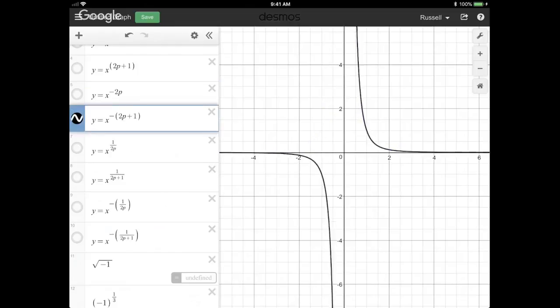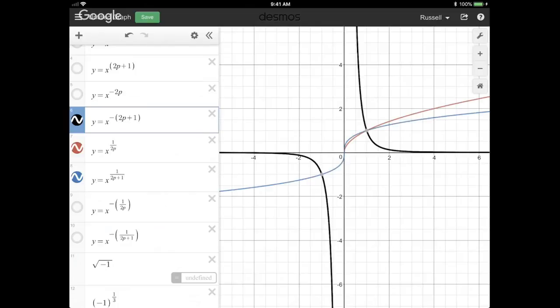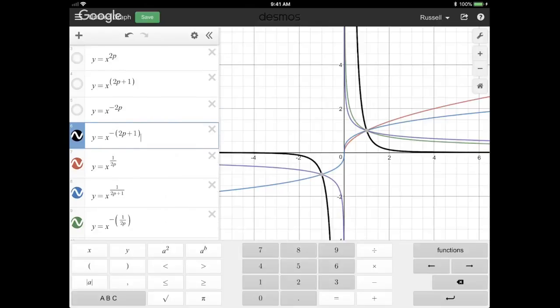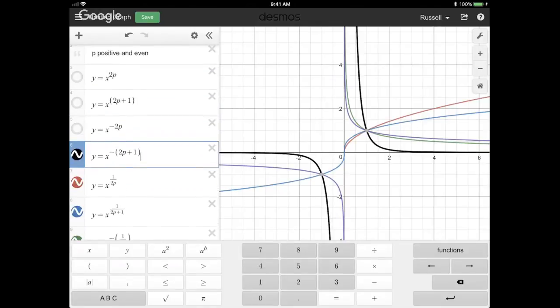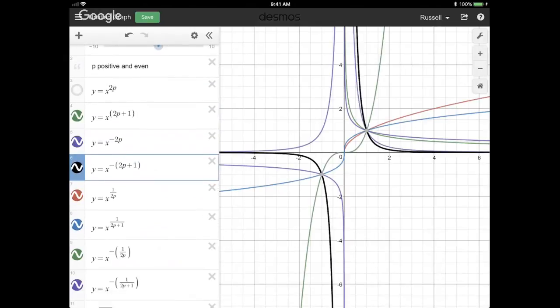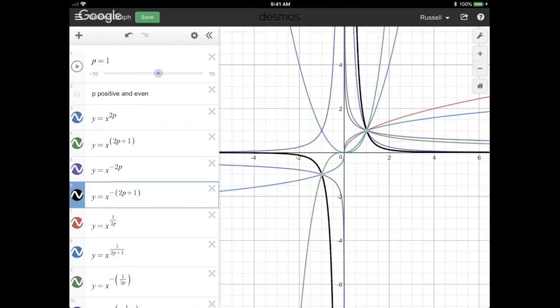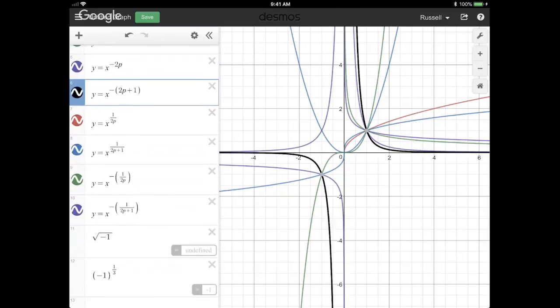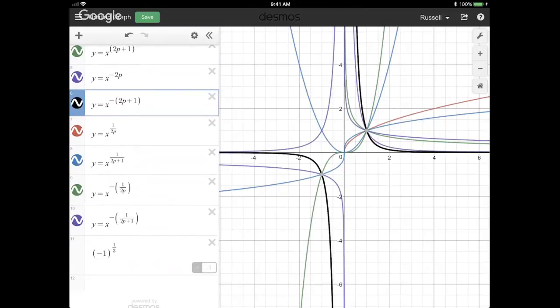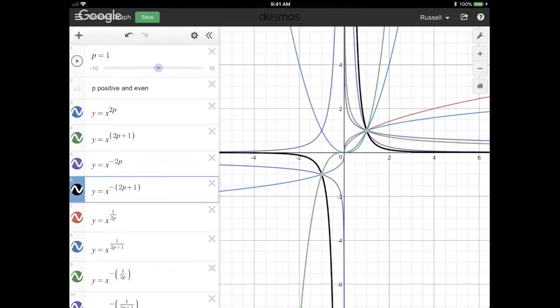All right. Now, the real cool thing you can do if you set up all your functions as a P kind of deal here, right? Wow, that's complicated. Look at all that beautiful function stuff going on. Well, I'll get rid of these. Let's just go here and hit this play button.